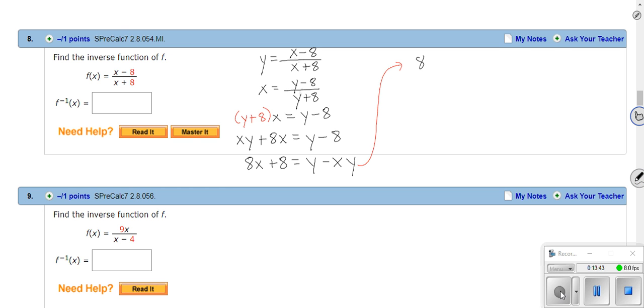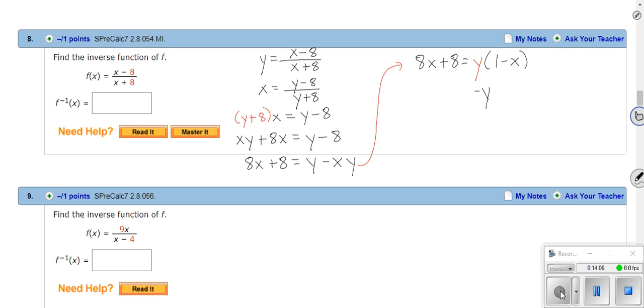Next step then is going to be to factor the y out of the two terms on the right. Okay, I factored the y out of both of those terms. If I factor y out of the first term, I'm left with 1 and then a negative x in the second. Now divide both sides by 1 minus x to solve for y.